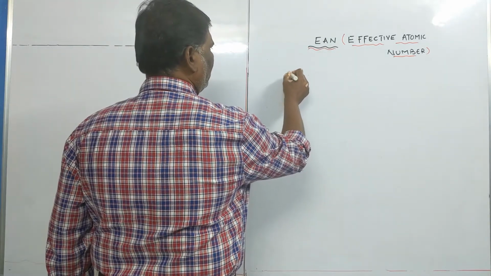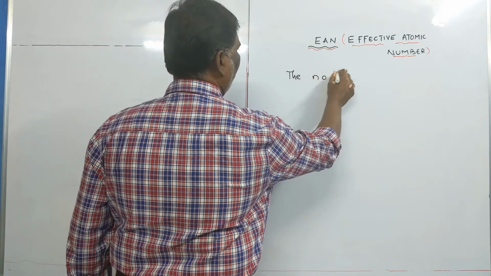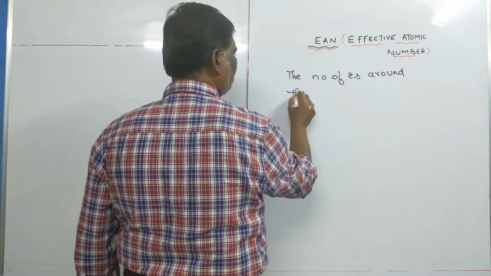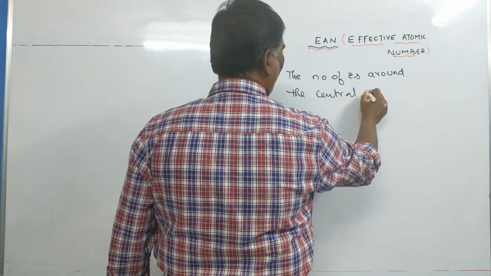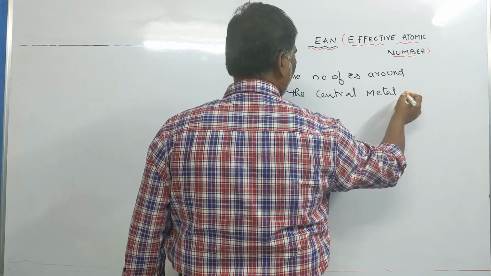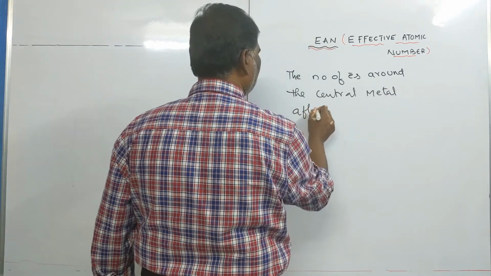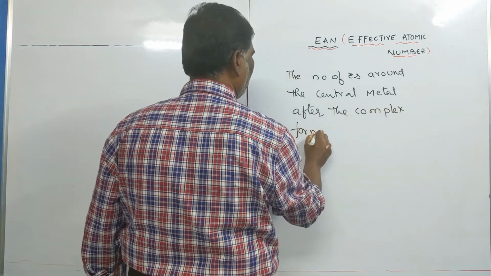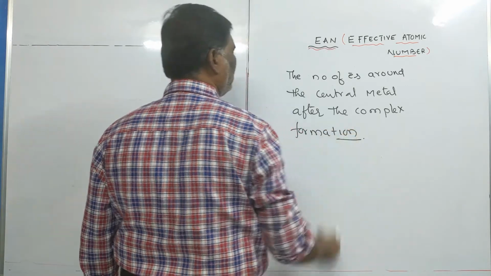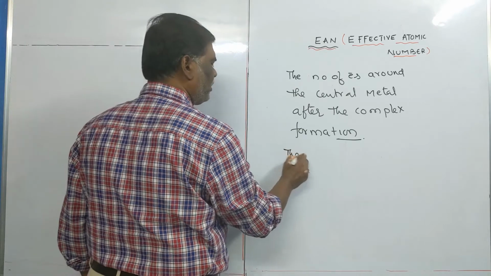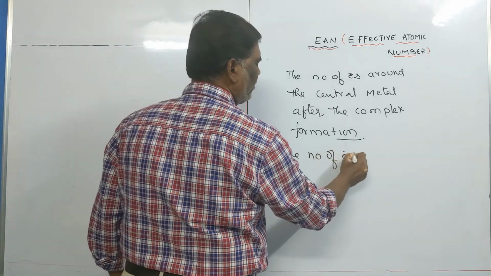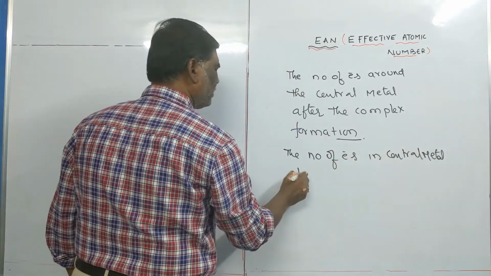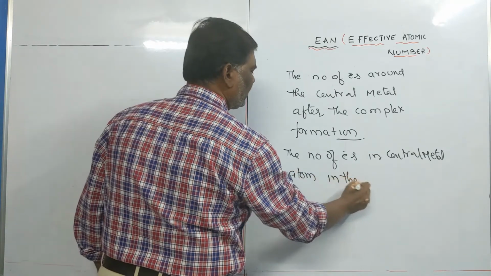Effective atomic number is defined as the number of electrons around the central metal atom after the complex formation, or simply the number of electrons in the central metal atom in the complex compound.